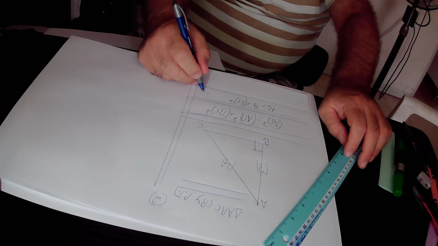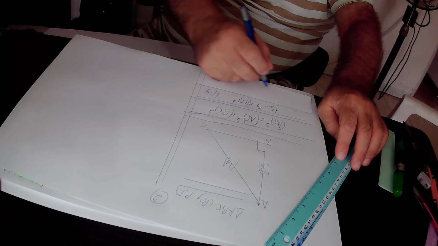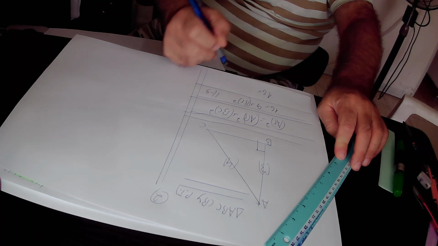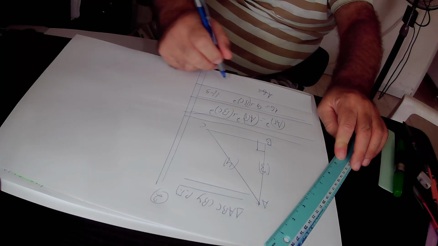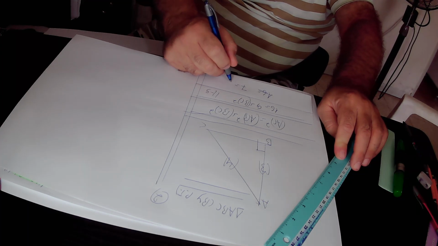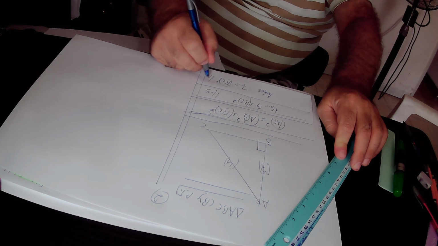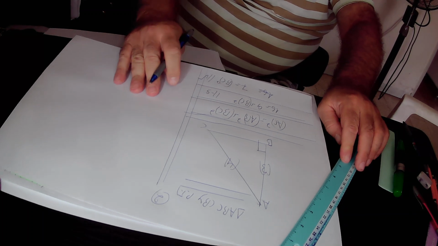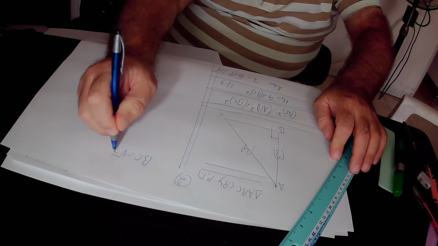Here we subtract 9 from both sides, and we get that 16 minus 9 is 7, so 7 equals BC squared. Here we take the square root of this equation, and finally we get that BC equals the square root of 7 units in its length.